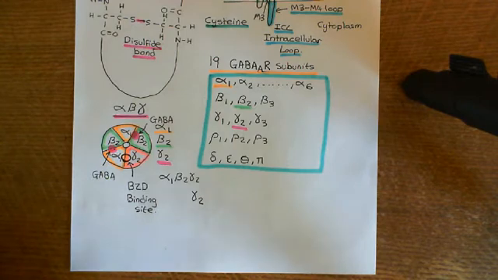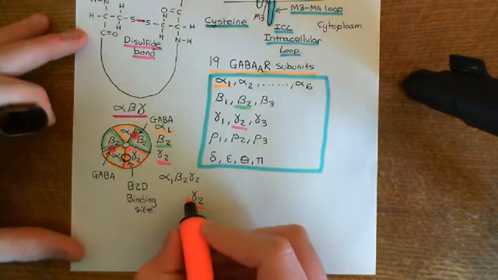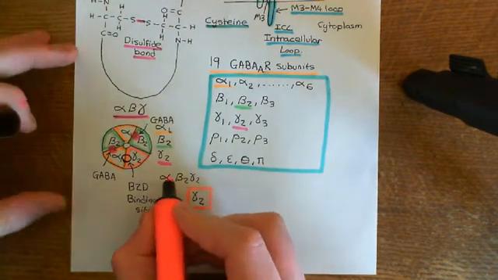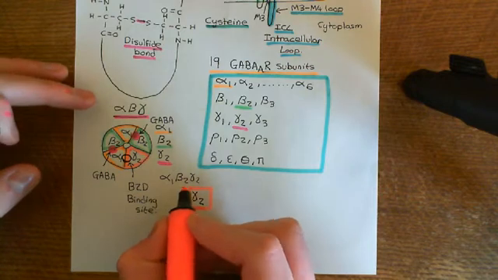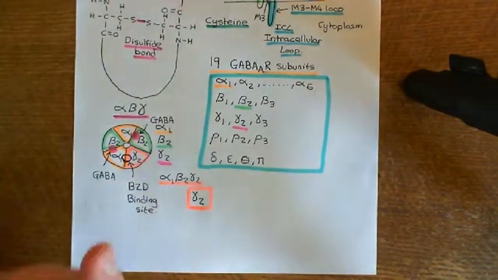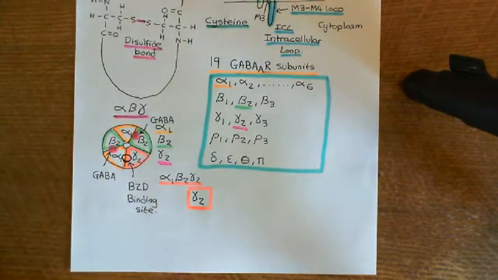If you want a benzodiazepine binding site, that gamma subunit has to be gamma-2. Now, on our main type of alpha-beta-gamma GABA-A receptor, the alpha-1, beta-2, gamma-2 GABA-A receptor, indeed the gamma subunit is gamma-2, so that's certainly true for the most common GABA-A receptor.